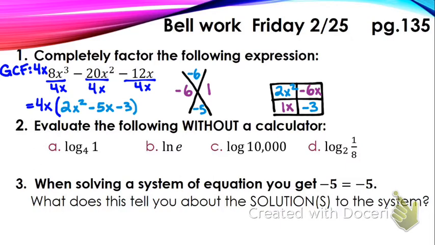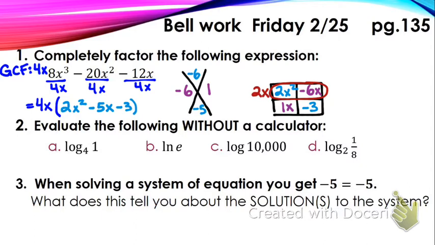Okay, and then I'm looking for the greatest common factor of each row and column. So what is the greatest common factor of this top row? I'm looking at 2x squared and negative 6x. What do those two share? 2x, exactly, thank you.